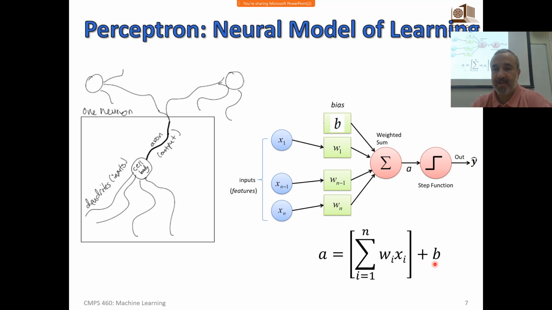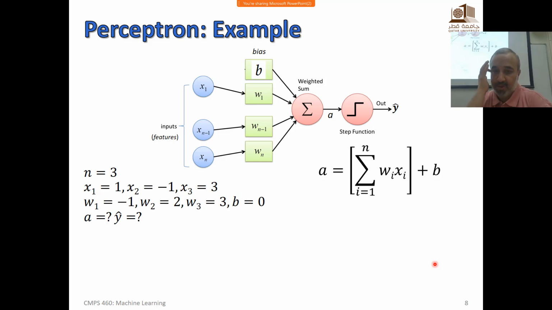Now here's an example. I want you to go through it. We have 3 inputs, we have 3 features, right? So n is the number of features. Here are the values of the features: 1, -1, 3, and here are the weights of the features: -1, 2, 3, and the bias is 0 in this case. What will be the activation value and what will be the predicted label? How can we do it?